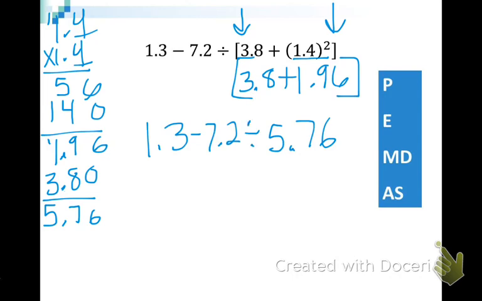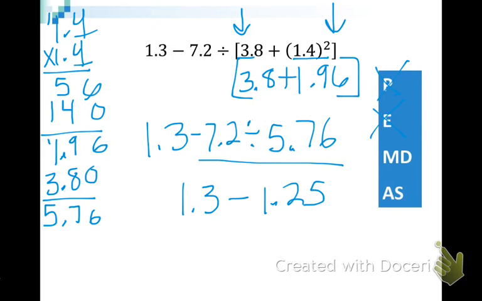And now, as I continue with my problem, I've simplified my parentheses, nothing else to do there. No exponents left in my problem. Any multiplying or dividing, I'm looking at that from left to right. I do see dividing here, so I'm going to do 7.2 divided by 5.76, and that actually ends up giving me 1.25.